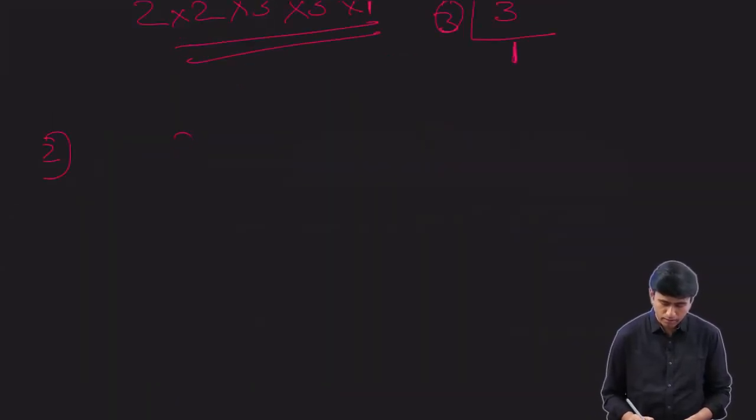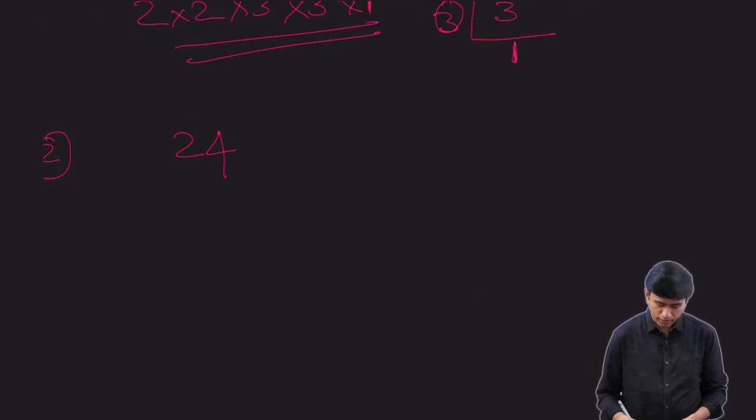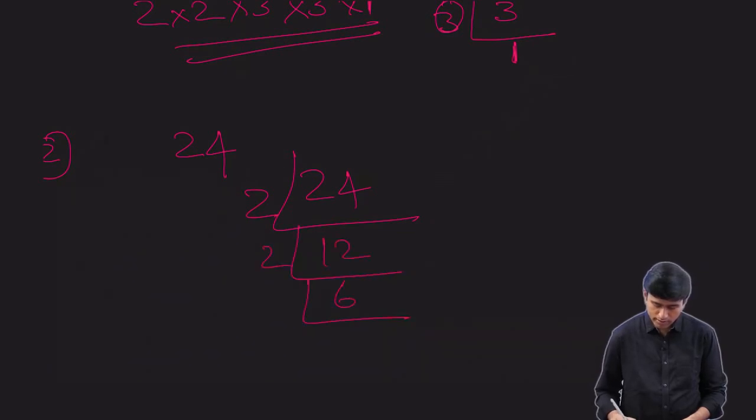Let's find the prime factors of 24. 24, if you divide it by 2, you get 12. 2 6s are 12, 2 3s are 6, 3 1s are 3.